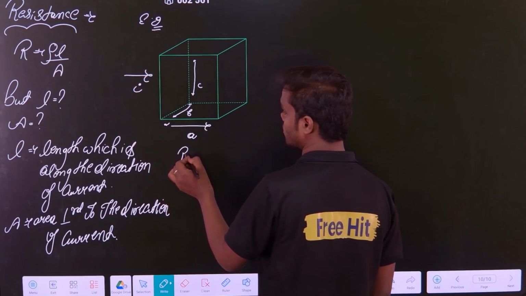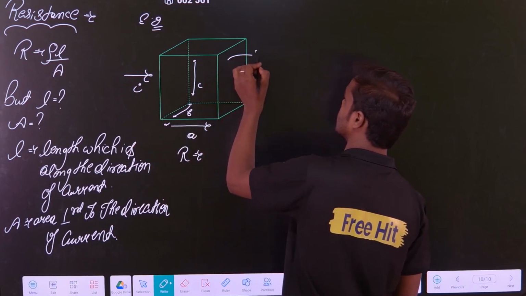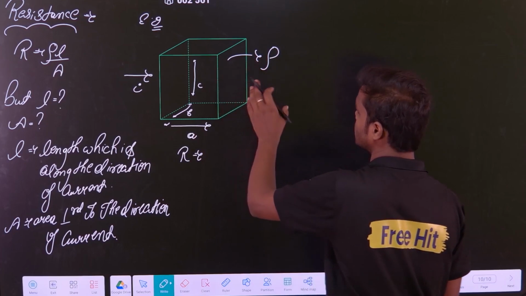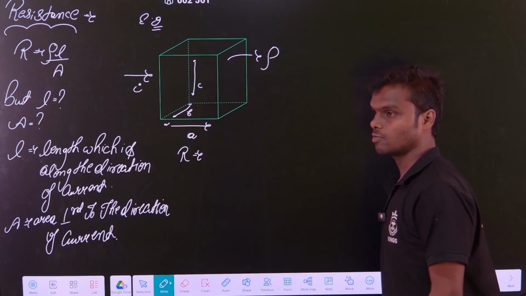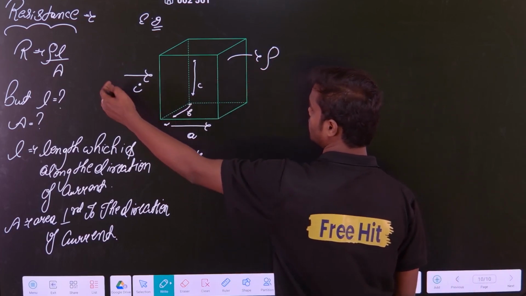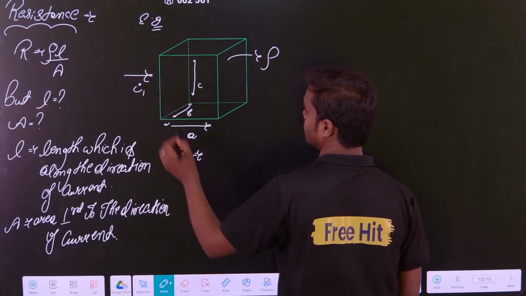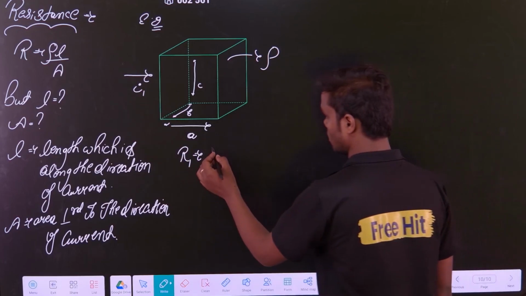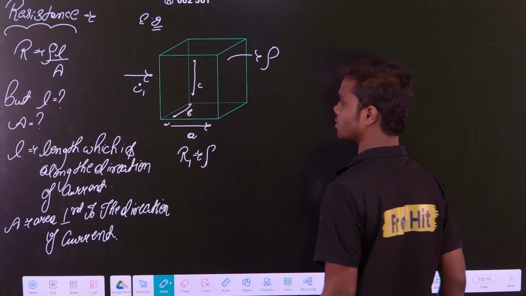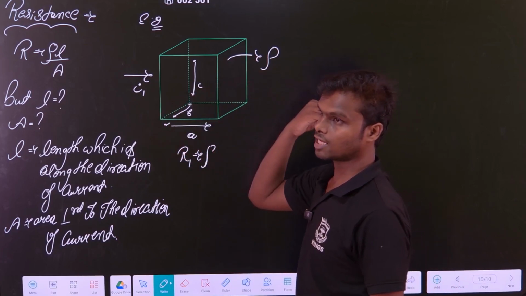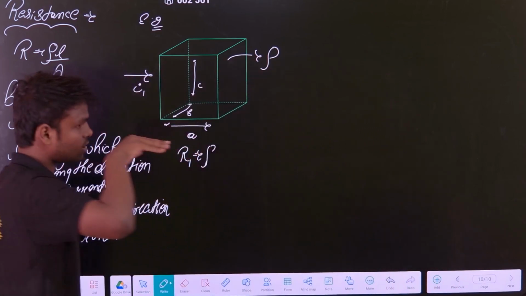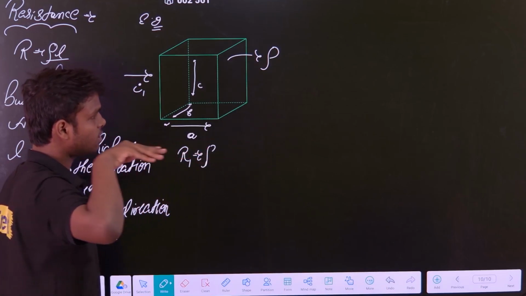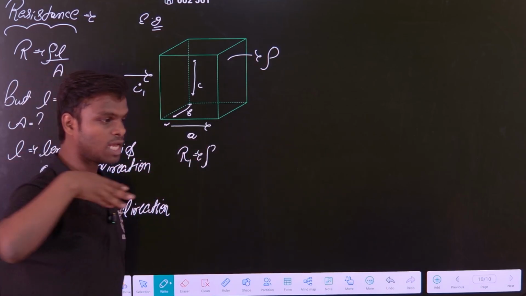So what will be the resistance? Suppose the resistivity of this substance is ρ. Then what will be the resistance if the current is going like this, I1? So what is R1? First, the length L should be the length which is along the direction of current. See, the current is going in this direction, so which length is in the same direction as the current?